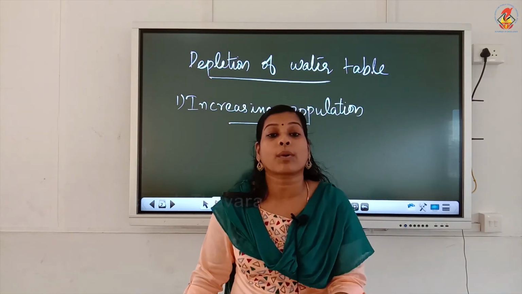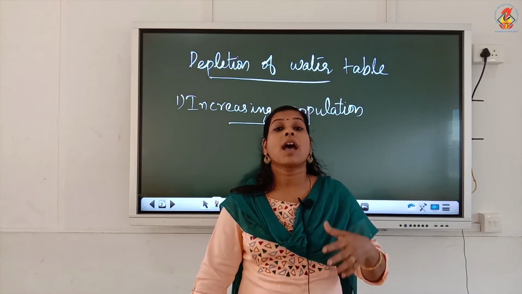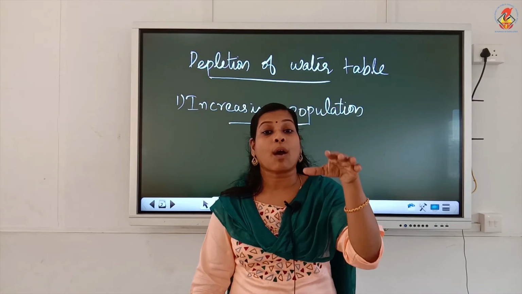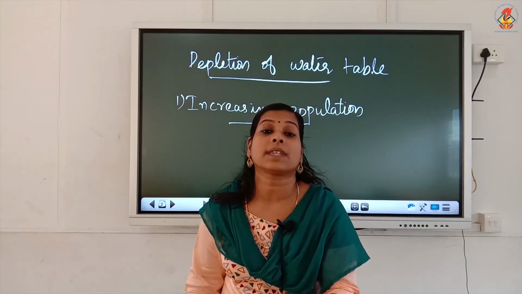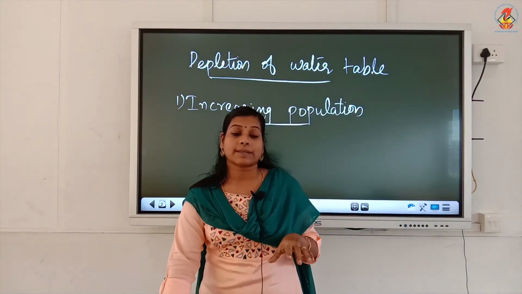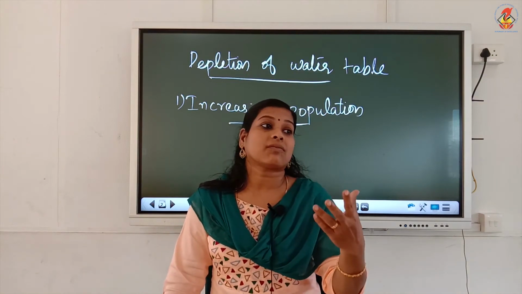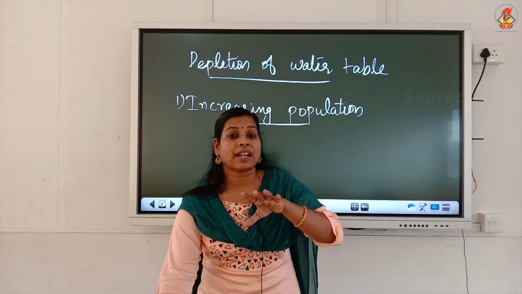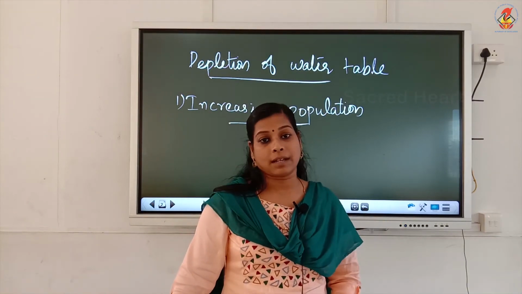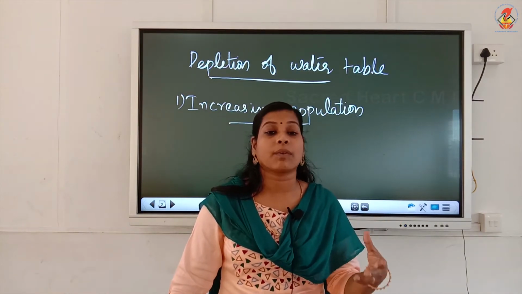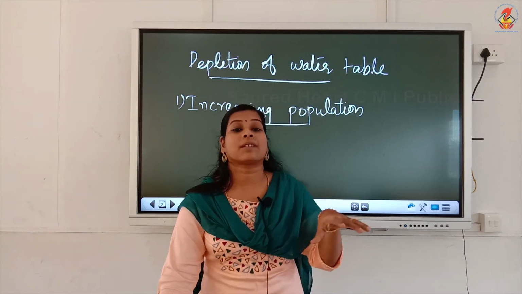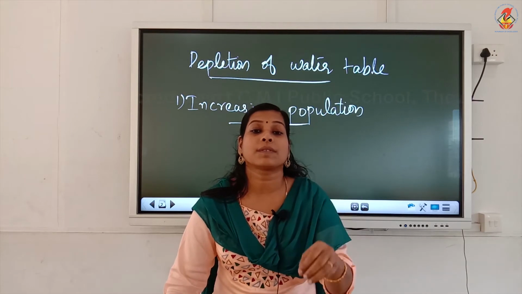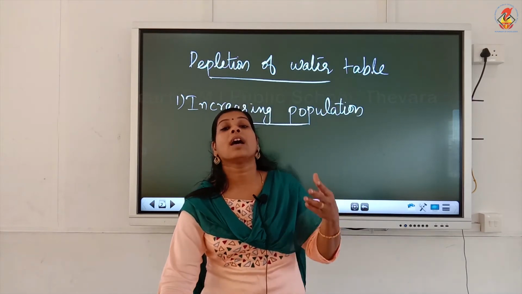On one hand we are drawing more and more water from the ground, and on the other hand we are allowing less water to seep down into the earth, because when we construct new houses, the frontage will be tiled or we will put stones there, and that will not allow the rainwater to seep directly into the soil.